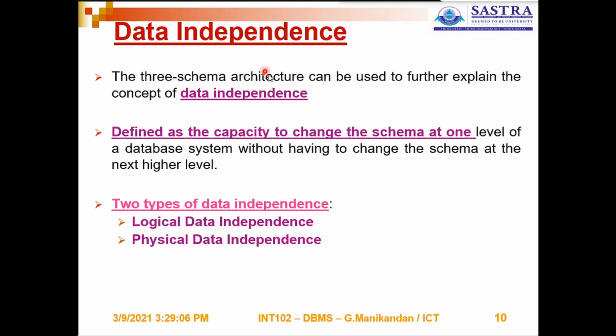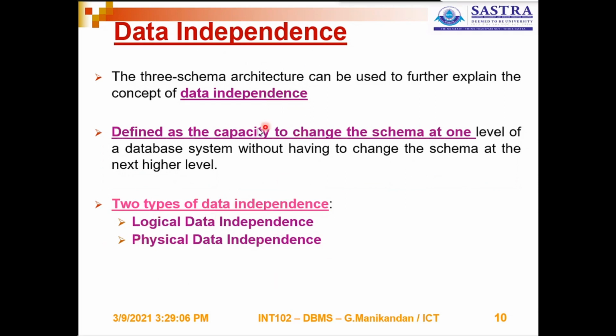Data independence is defined as the capacity to change the schema at one level of a given database system without changing the schema at the next higher level. Based on this, you can have two types of data independence: logical data independence and physical data independence.